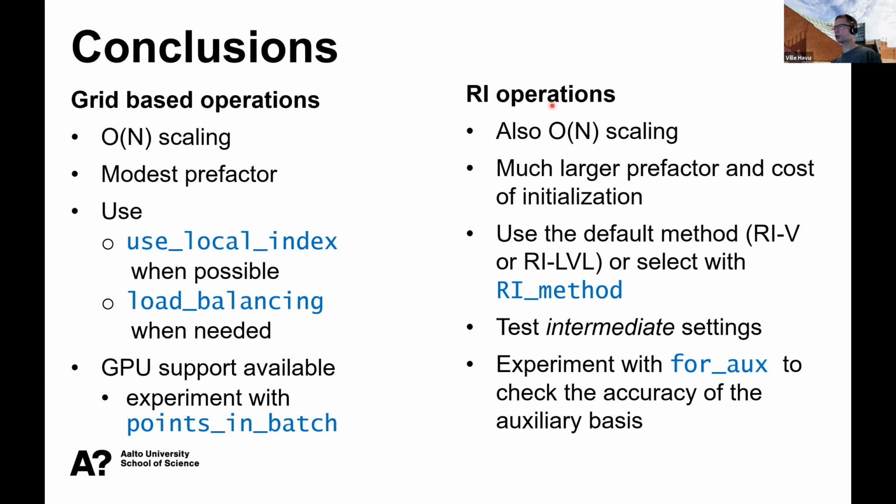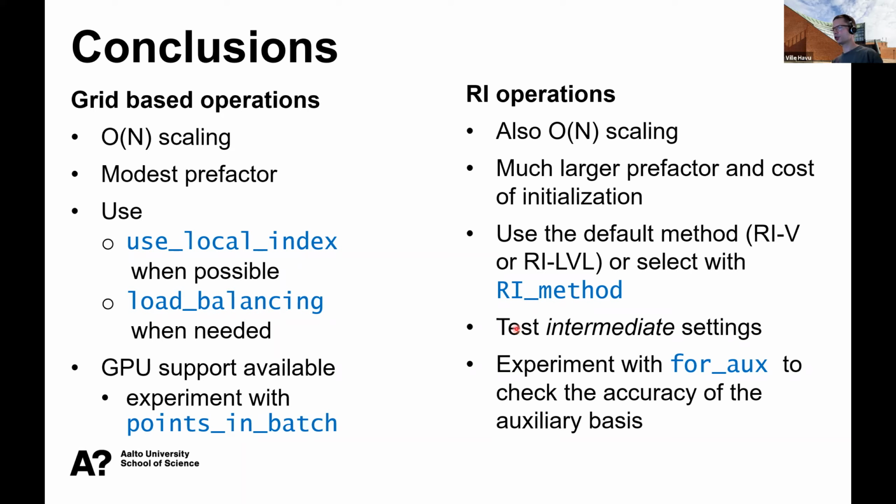And on the other part of my talk, I talk about the resolution of identity operations. It turns out that they are also order N scaling, but there is a much larger prefactor and cost of initialization. You can use the default method, which is RI-V or RI-LVL, or you can select with RI method, but then actually you have to know what you're doing. The accuracy can be sacrificed.